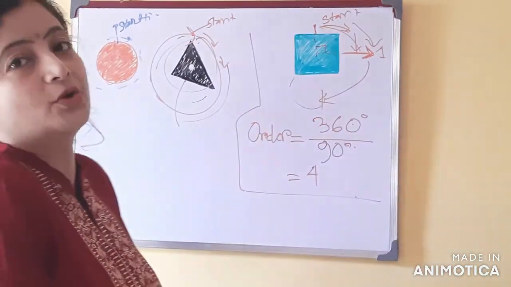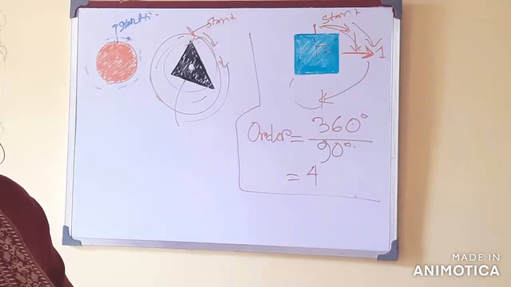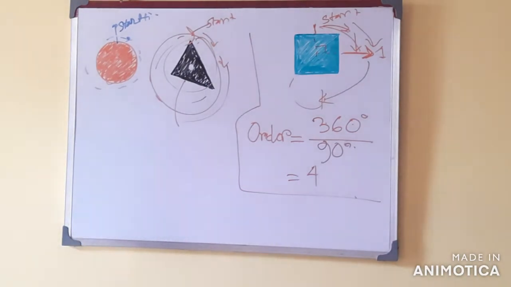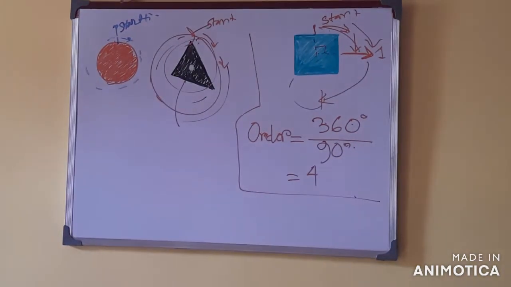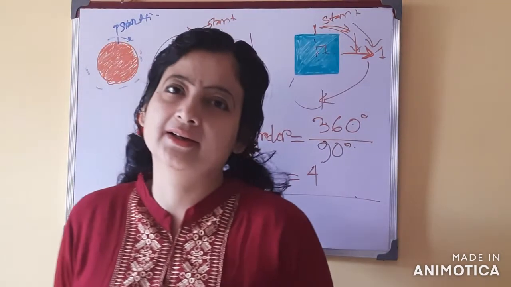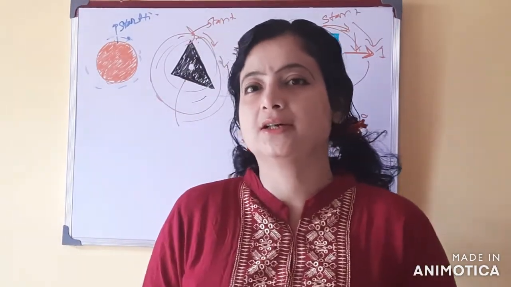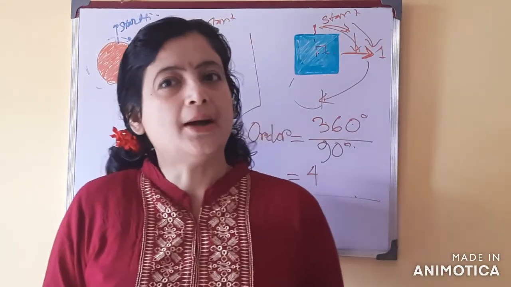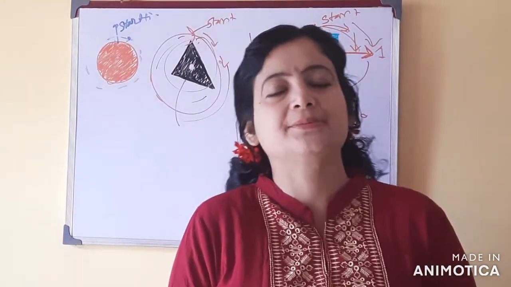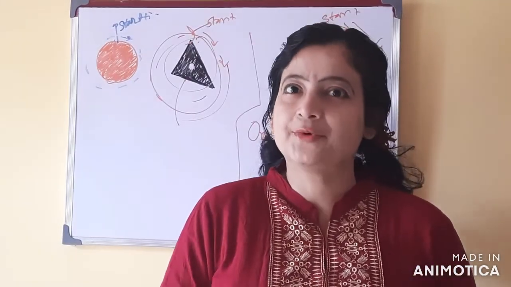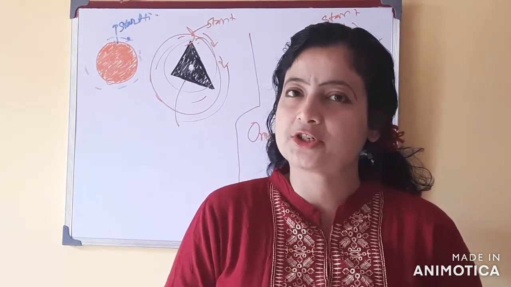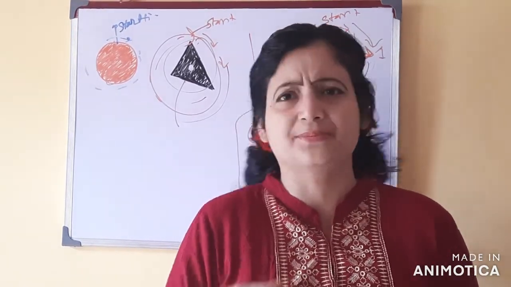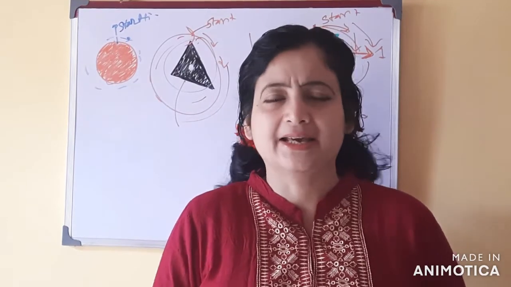Not like that. It may or may not be. It depends. So we are getting that for different shapes and figures, the order of rotational symmetry is different. Sometimes it is 2, sometimes 3, sometimes infinity, like this.